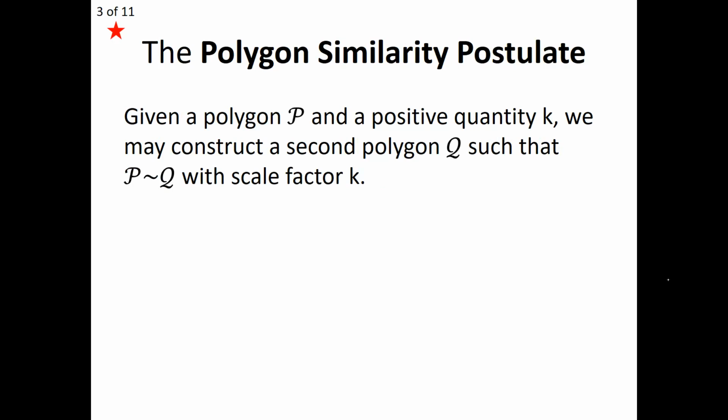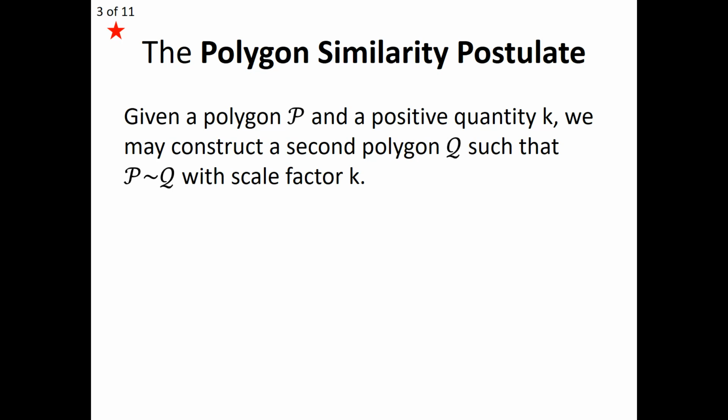What we can do with this is construct a second polygon using a positive quantity to scale our first polygon, to create this second polygon similar to our first. So here's what this states.